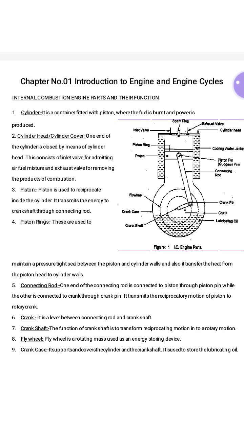In the engine cylinder, as combustion of fuel takes place, the combustible gases try to expand, and that expansion force is directly exerted over the piston. Due to that expansion force, the piston reciprocates, and that force is transferred to the connecting rod with the help of the piston. Hence the piston is called the heart of the engine.